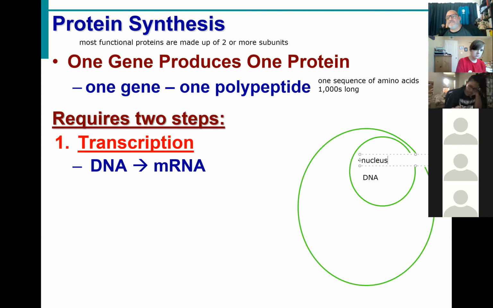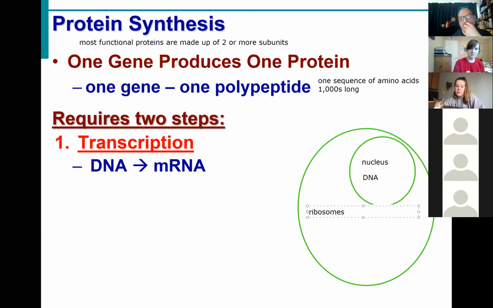And all of the equipment to make proteins, and what's the primary structure that is responsible for making proteins? Would it be ribosomes? It would be ribosomes. And where are most of those ribosomes found? Well, they're kind of everywhere, but wouldn't it be the rough endoplasmic reticulum?